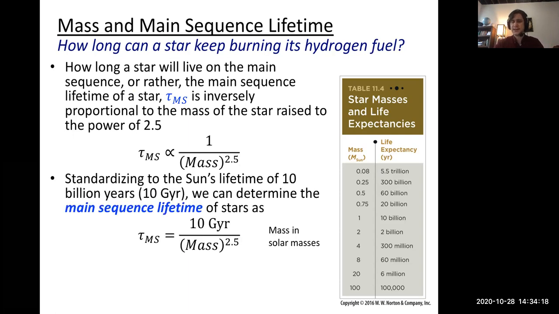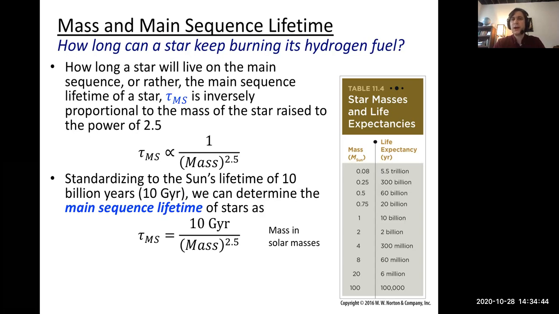So we can standardize to the sun's lifetime. The sun's lifetime, we went through this exercise in the section of the class on the sun. The sun has enough hydrogen in its core to keep fusing hydrogen into helium via the proton-proton chain for 10 billion years, 10 giga years. Giga means billion, so 10 giga years is 10 billion years.